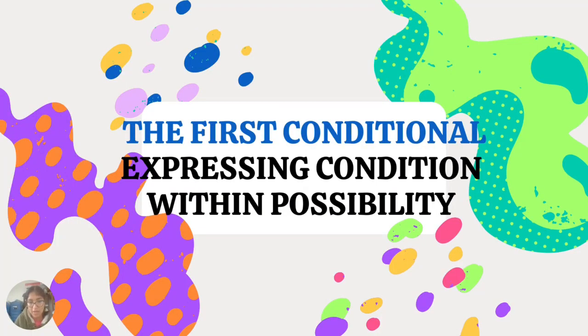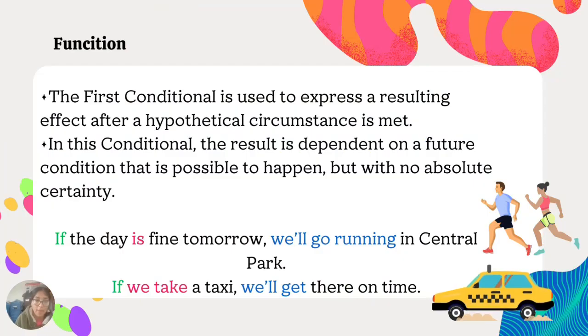Okay, the second part: the first conditional. The first conditional expresses a condition within possibility. Function: the first conditional is used to express a resulting effect after a hypothetical circumstance is met.